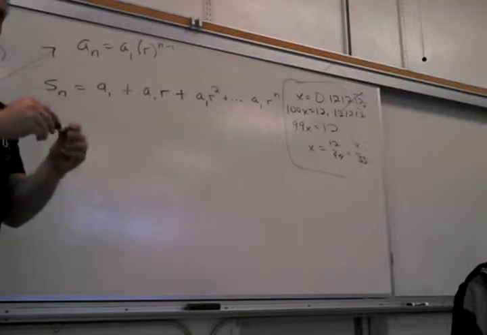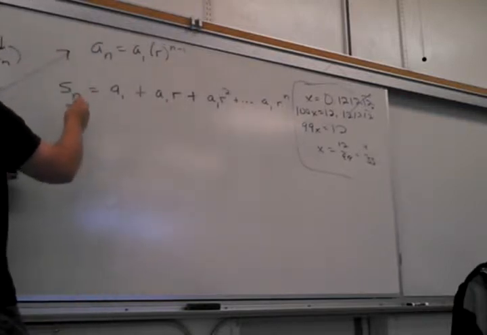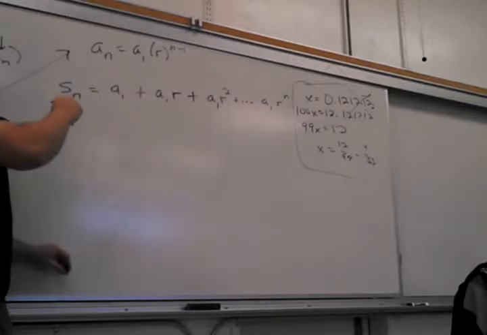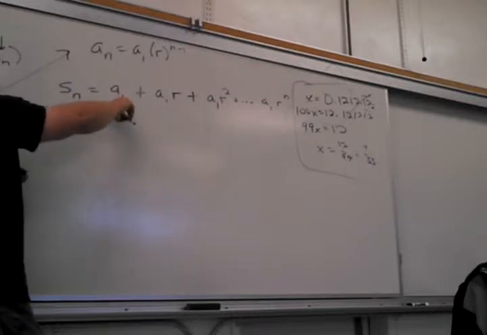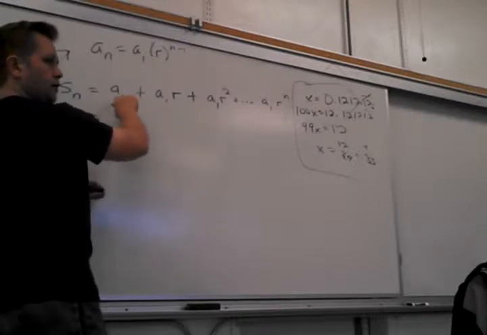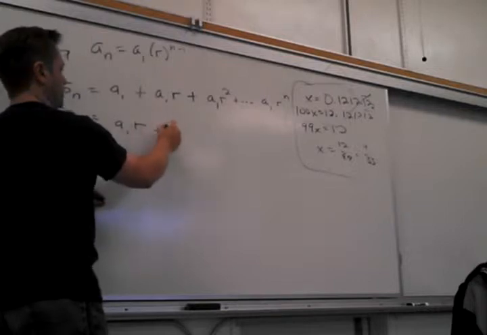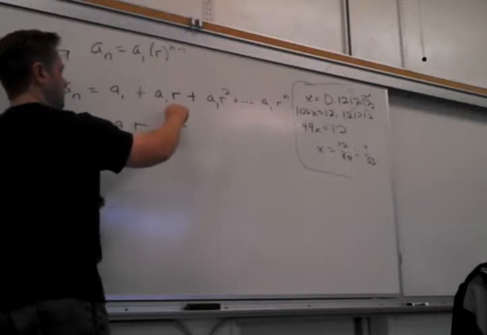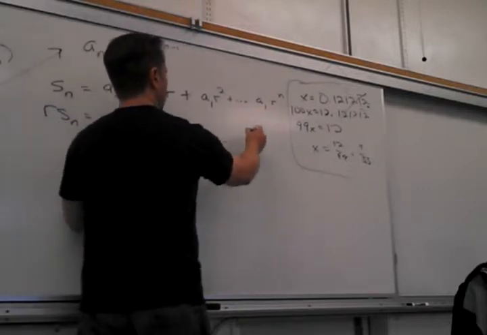All right, you ready? Here we go. Here's the idea. If you multiply by r, so what's r times Sn? What do you get over here? A1 times r plus A1 times r squared plus, let me see if you guys can handle this.